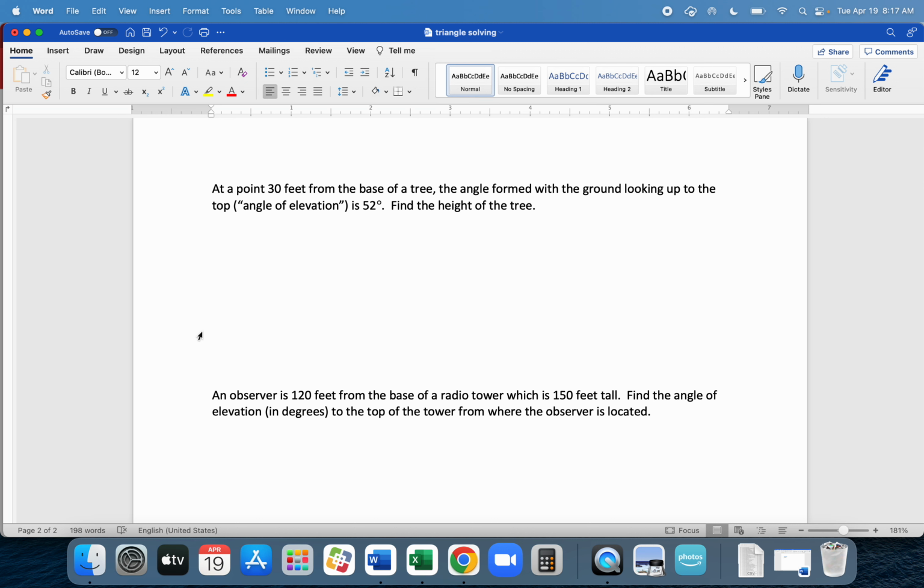We don't care about this length here because what even is that? The distance from where you are, straight line to the top of the tree? Well, I guess if you wanted a rope that went up there, maybe you'd care, but we don't need that length, the hypotenuse or the radius of a circle. So tangent should help us out here.